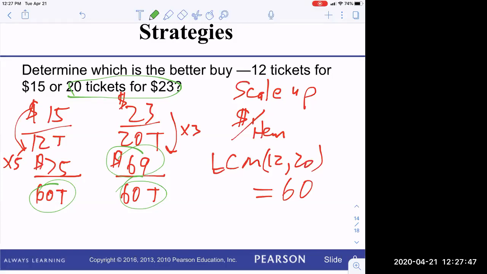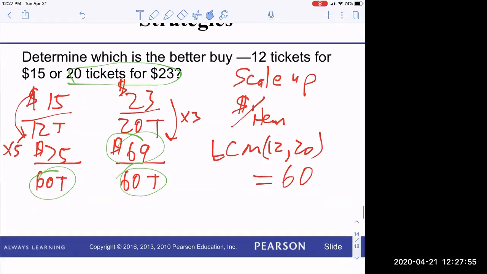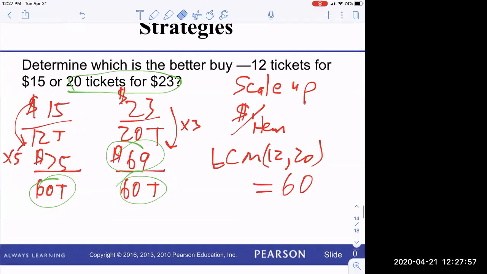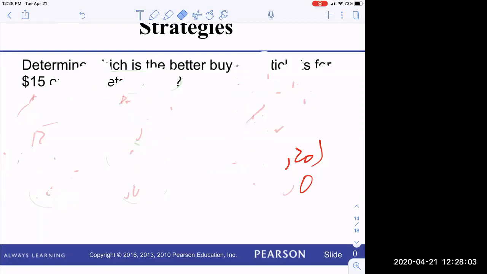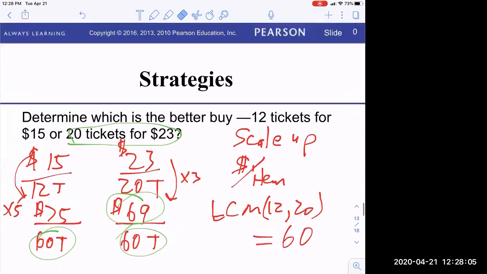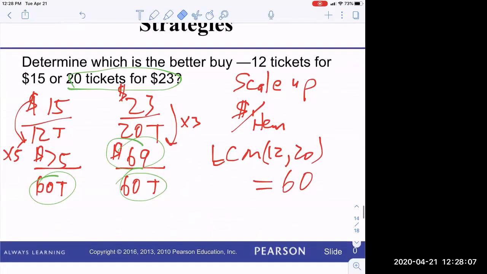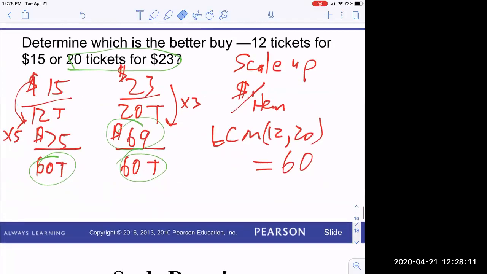Next thing I'm going to do is what they do in grocery stores. I'm going to do unit price. Nope, didn't do another slide there. Or unit rate is a better word, because it's not always price. What's going on here? I thought I was erasing it.